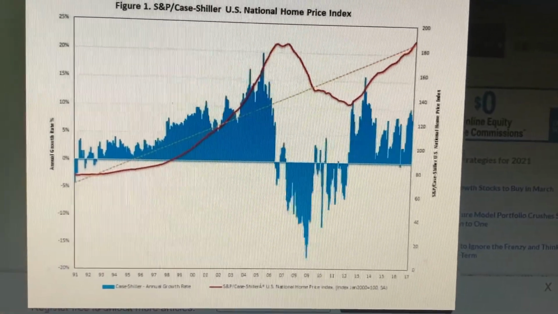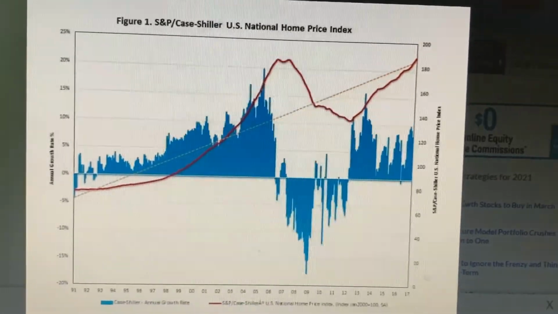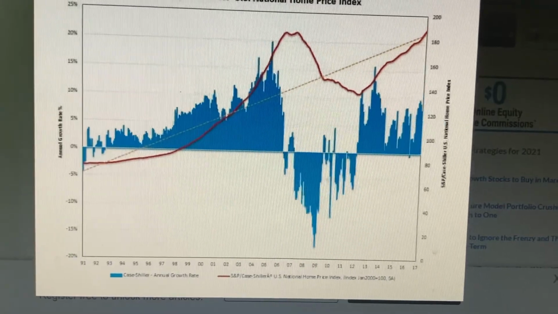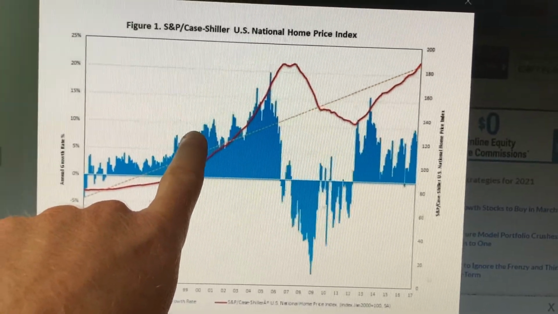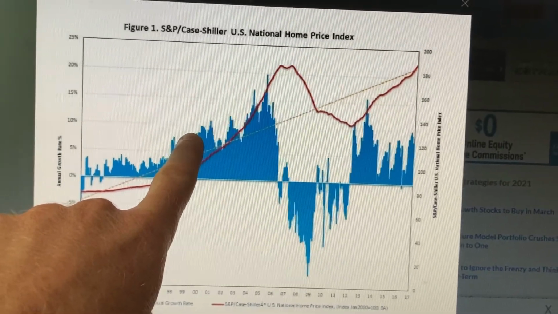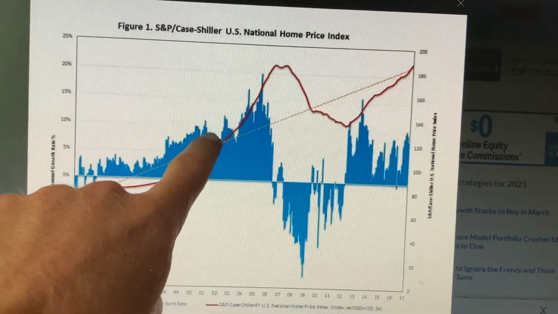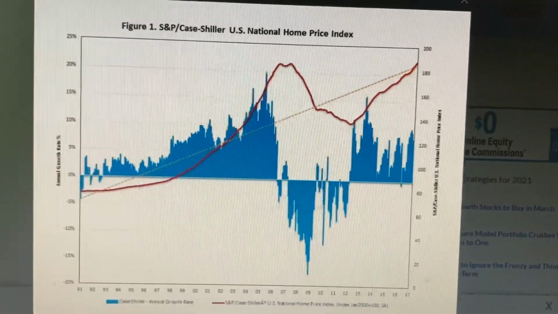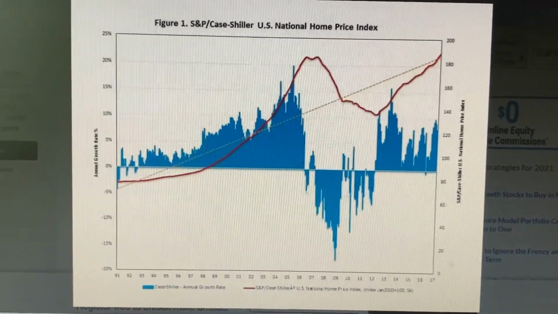And then you can see from like 1997 on, housing prices are increasing at an increasing rate. All right, so in 1998, they're going up about 6%. 2000, they're going up about 8%. 2002, you get a little drop there. That's that 2001 recession. But then we rebound right back up. And at one point, housing prices are rising at an annualized rate of 20% per year, which is very unusual.